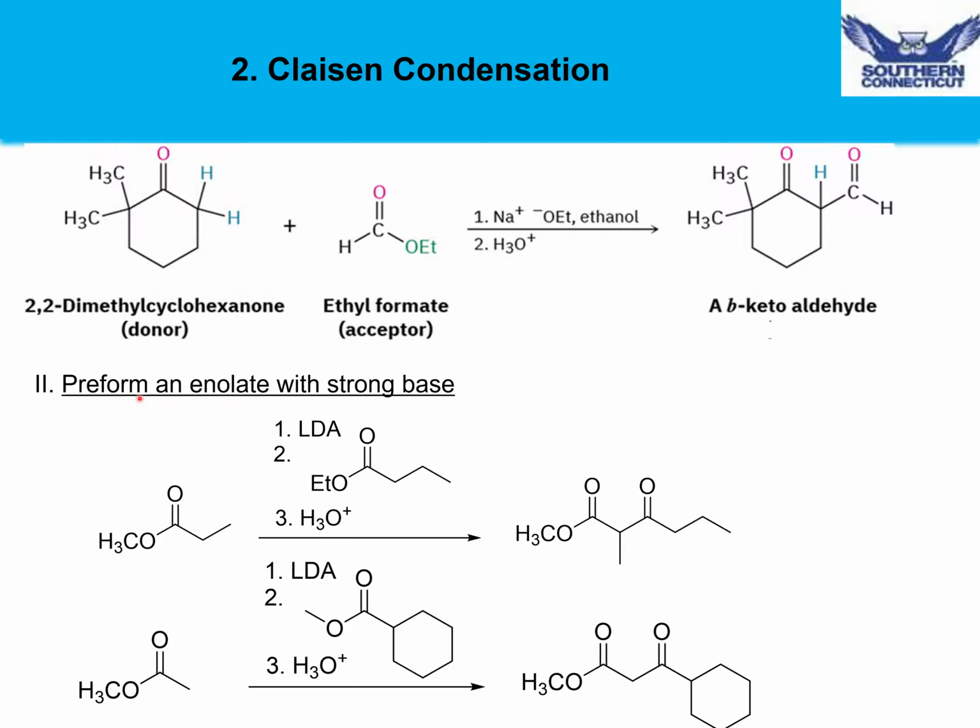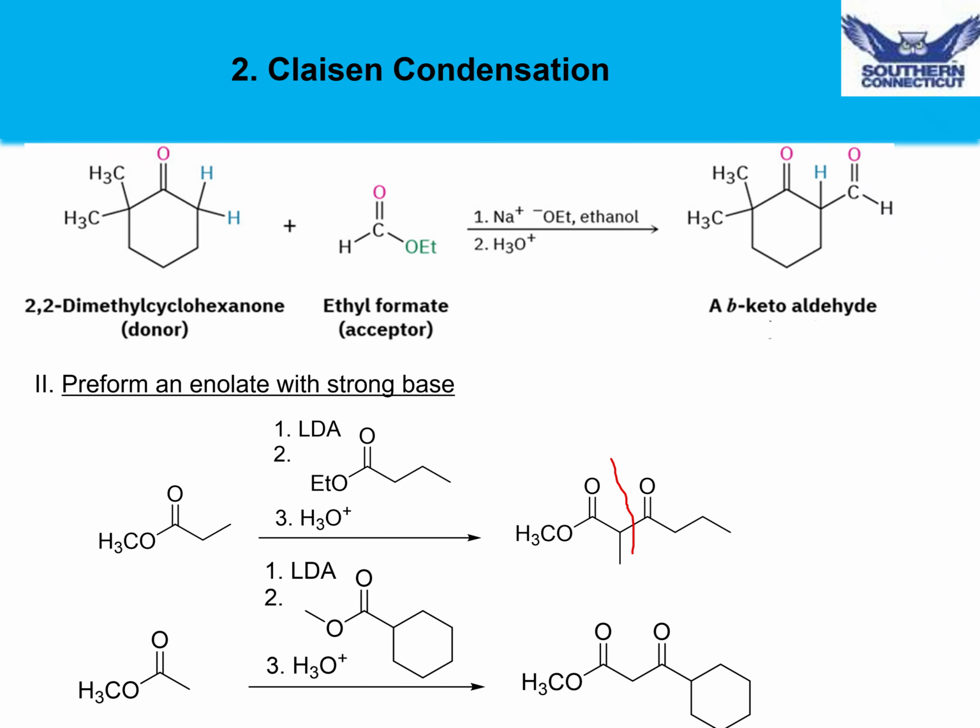A second strategy that we can use to ensure that the Claisen reaction goes smoothly is to preform an enolate from one of the esters. That would ensure that one partner is the only one that forms the enolate, and then add in a second ester to act as the electrophile. So in this example, we're using an ester, we're adding LDA to form an enolate on the alpha carbon, and then that enolate will attack the ester we add in the second step, eliminate the leaving group, and form a beta keto ester.